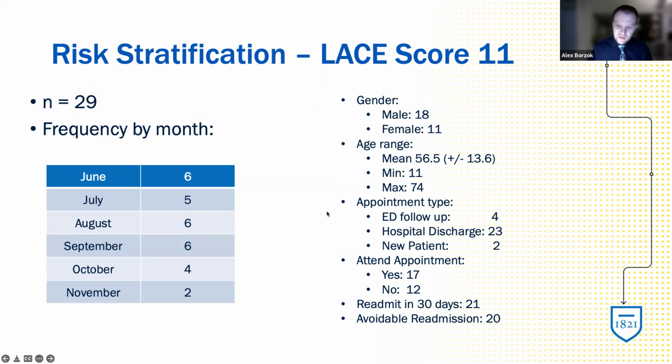The other two interesting things in the descriptive data are that hospital discharges had the most, with 23 people who had a LACE score of 11 and were readmitted within 30 days. Also, just over half of the patients attended their appointment.